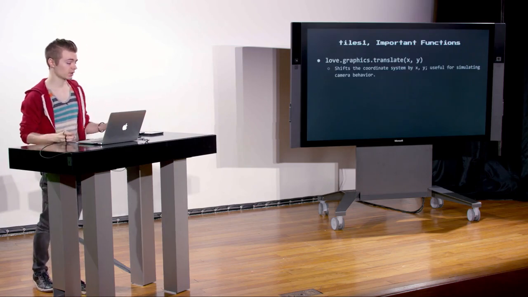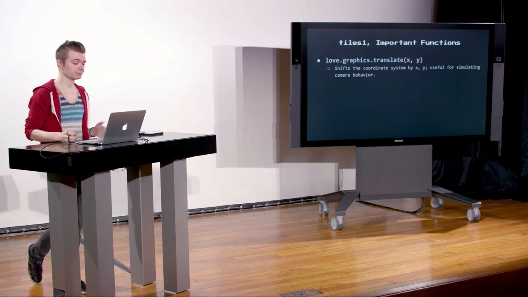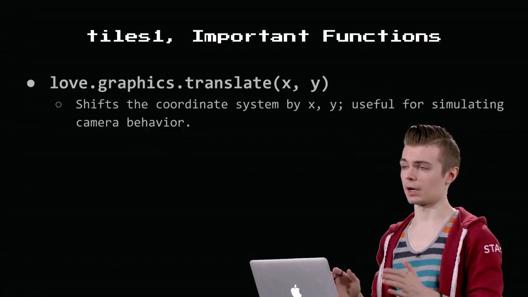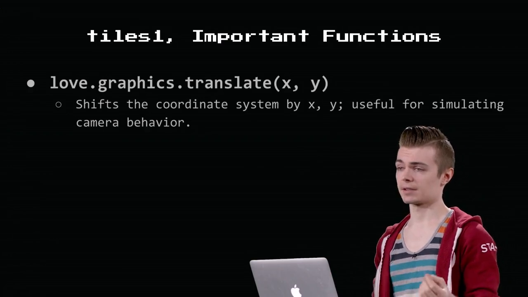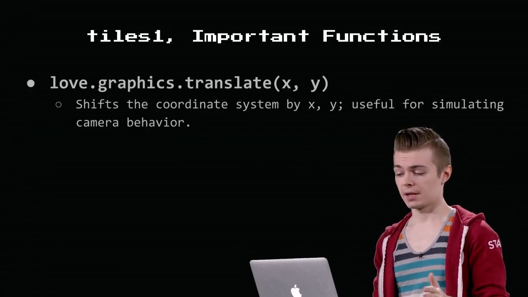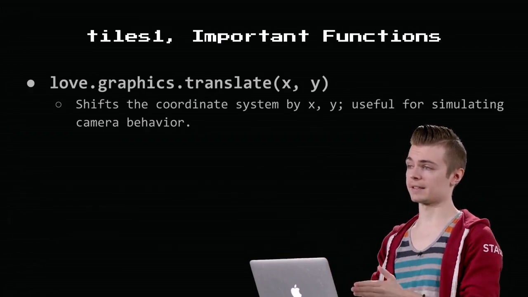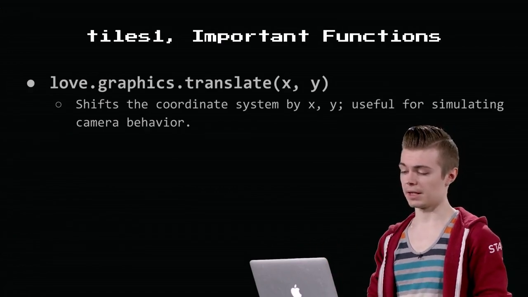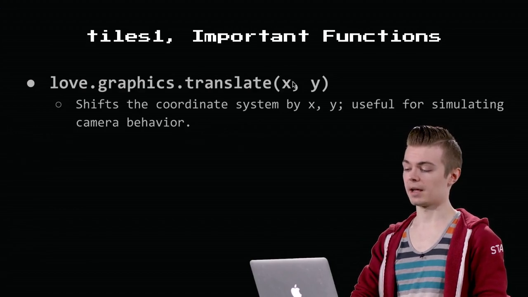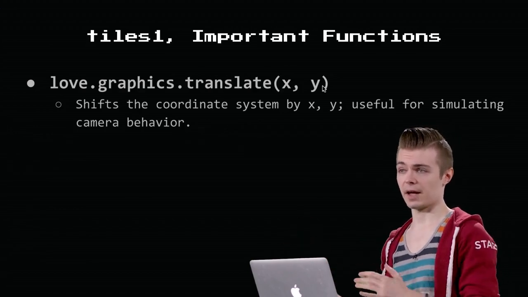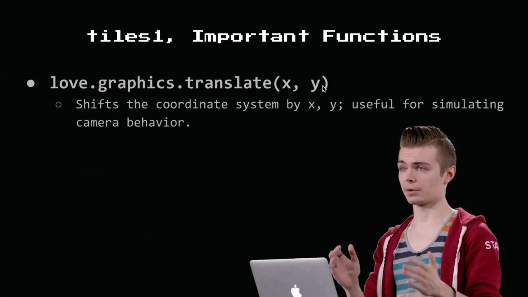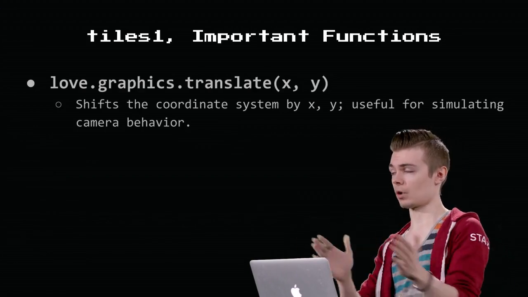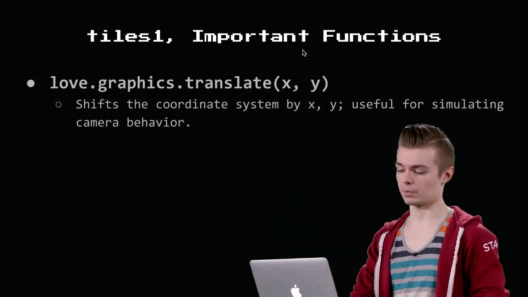To do that, the new function that we're really going to be looking at is love.graphics.translate x, y. What that does is effectively translate Love2D's coordinate system so that whenever we draw something, it gets automatically shifted by x, y. That has the effect of everything being drawn skewed based on the x, y that we pass it.